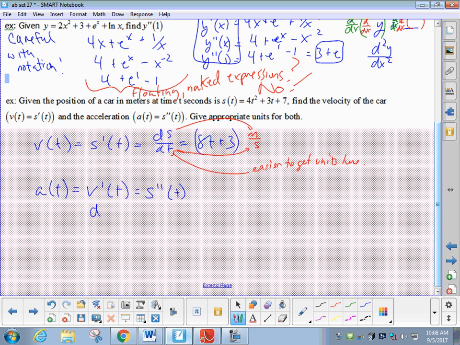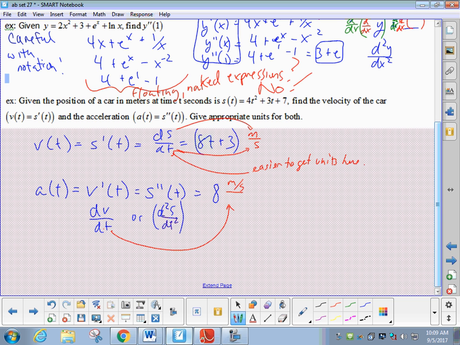I could also think of this as dv dt, or the second derivative of position. What is the derivative of 8t plus 3? The derivative of velocity? 8. Okay? What are the units? Now, again, here's the best place to look. dv dt, change in velocity. So the top is velocity units. What are velocity units?